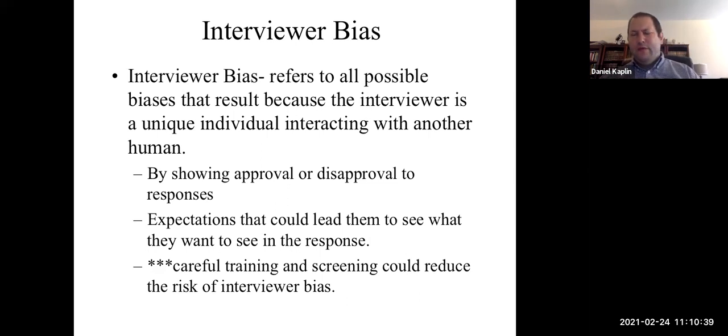But if I give you a dirty look, you're less likely to answer that way. So an interviewer bias could occur by tipping your hand about what you think is socially appropriate or not. You could also have the problem with how you phrase the question, or you could lead them to answer in a certain way.